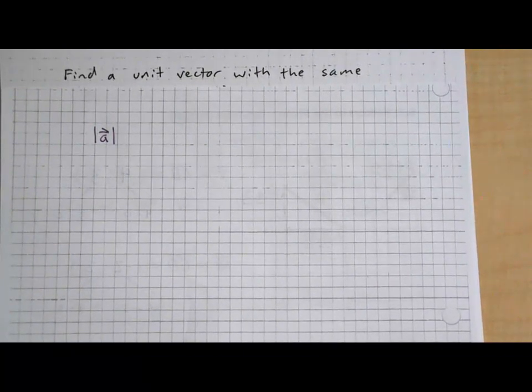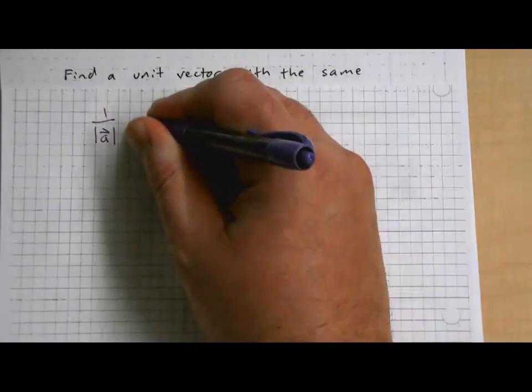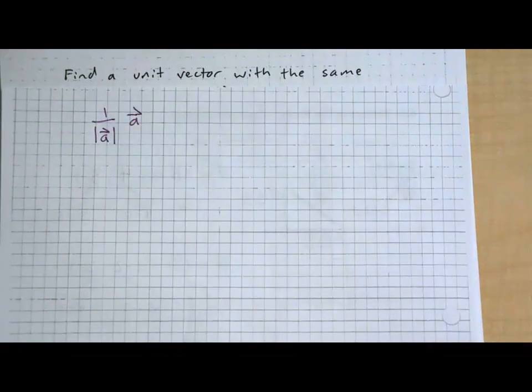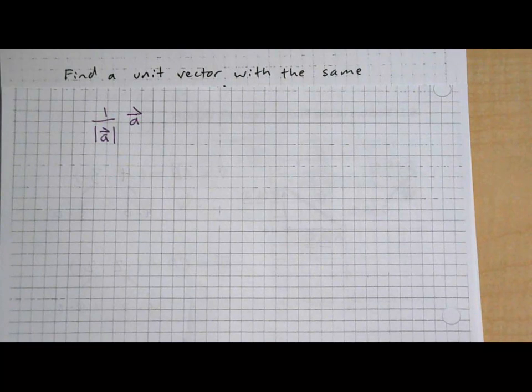See if you can answer my question. Actually, I'm just going to write it up here. My question for you, and I don't want anybody to shout out answers, just think about it. What is that? Say it to yourself in your head, and then see if you can phrase it in words, what we're doing here.